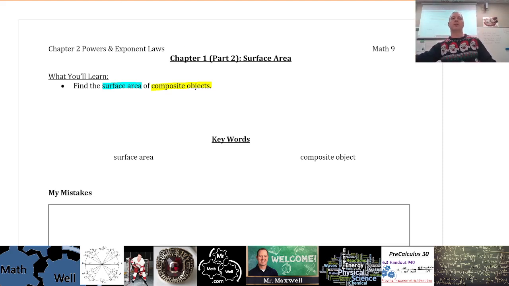So if you think of some kind of robot, okay? You've got a big rectangular prism for a body. You've maybe got cylinders for arms, okay? And you've got a big sphere, a 3-dimensional sphere for a head, and so on.